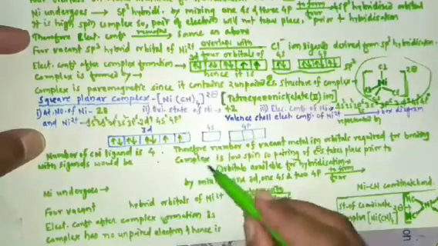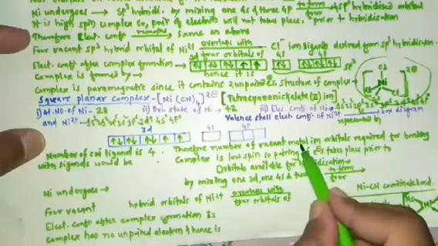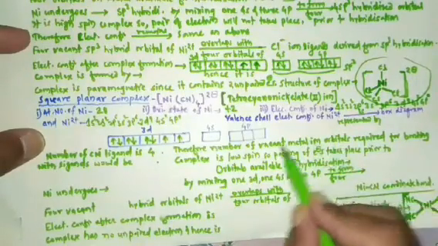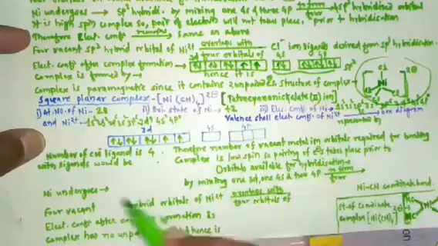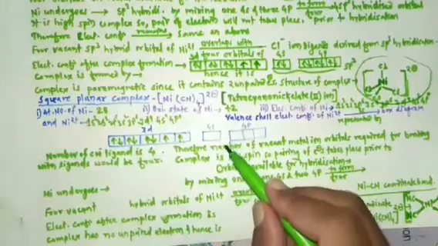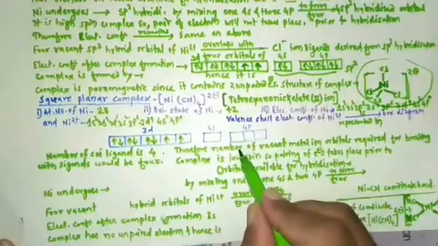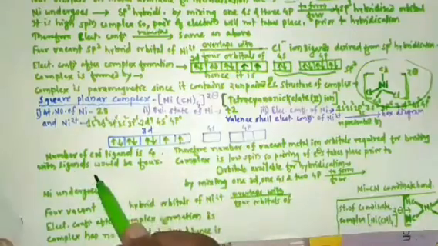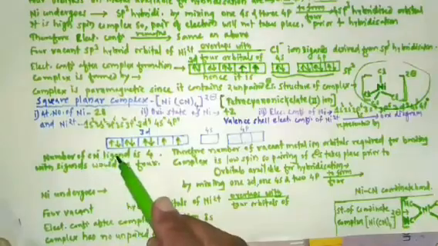Therefore, since the number is 4, the number of vacant metal ion orbitals required for bonding with ligands would also be 4. Listen once again: the number of vacant metal ion orbitals required for bonding with ligands would be 4, because the number of cyanide ligands is 4.